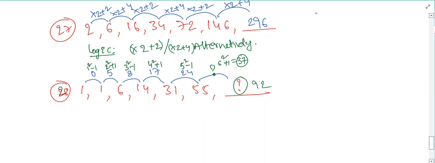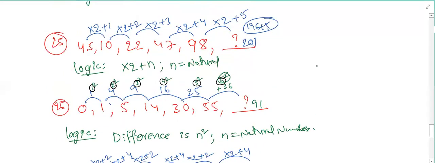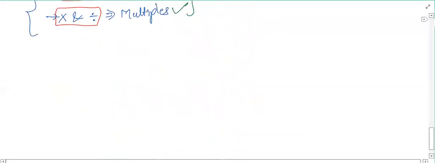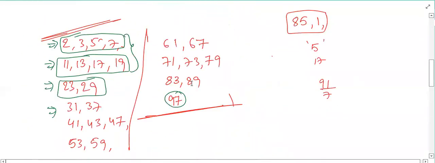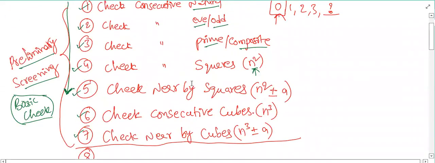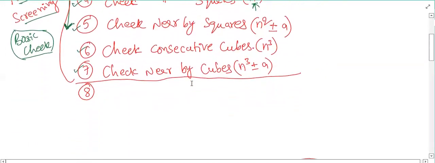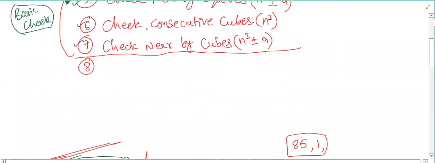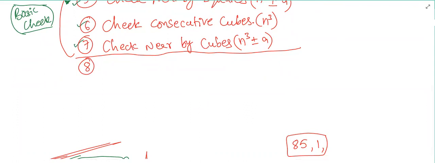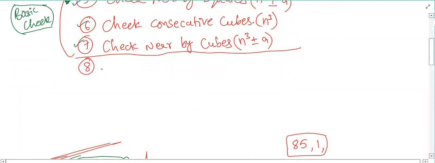Here the point is, even though these many points are there, point number 1, 2, 3, 4, 5, 6, 7, point number 8 is check multiples.